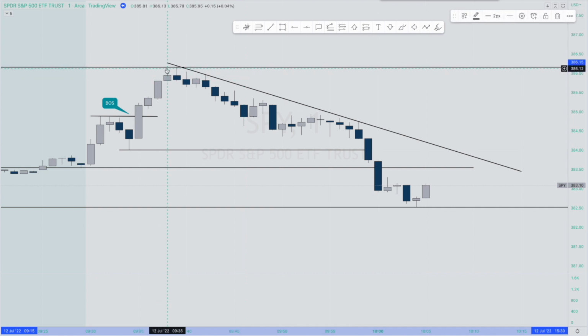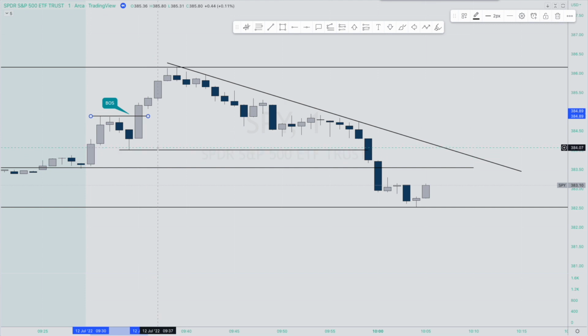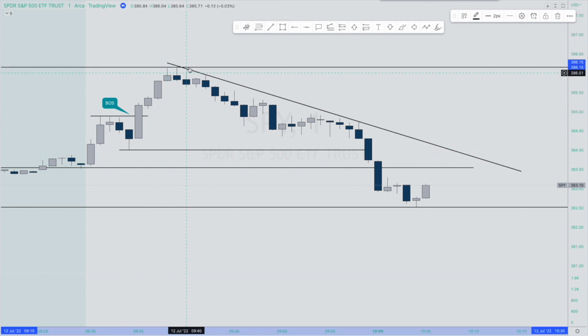So there's our high. And so now our trading range is from this higher low to this high. So as you can see, we traded down into that range from 9:39 all the way down to 10 o'clock. So almost 30 minutes we stayed in a 1 minute range.